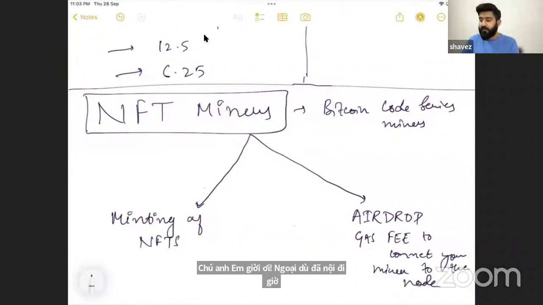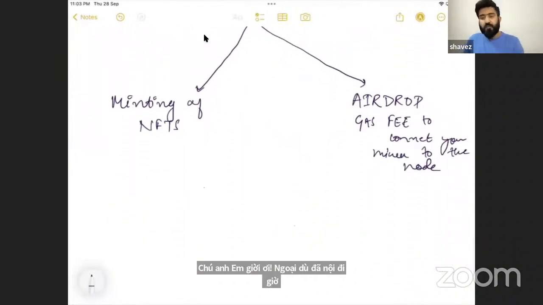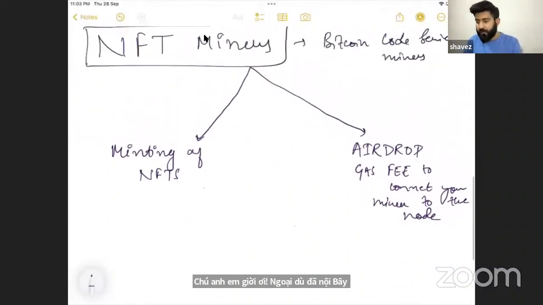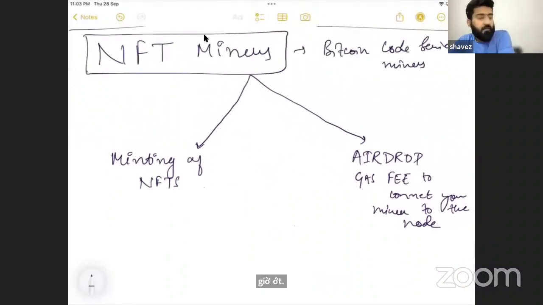These are the components of mining. Okay.